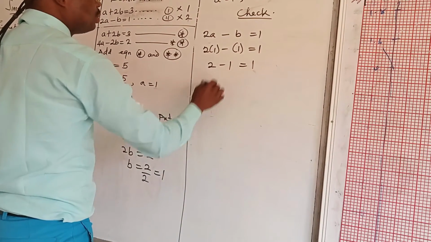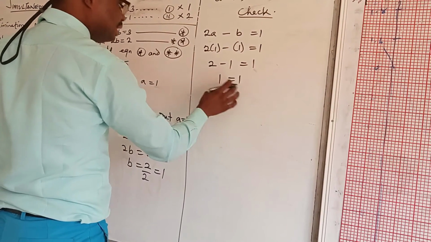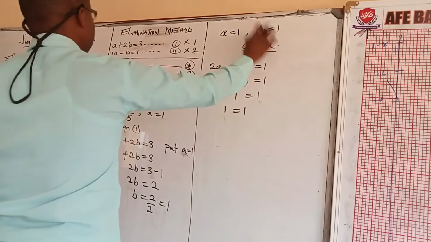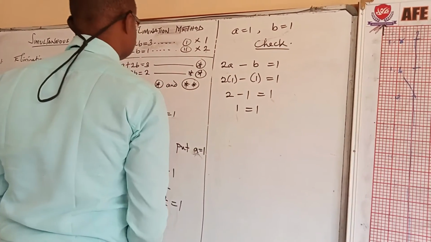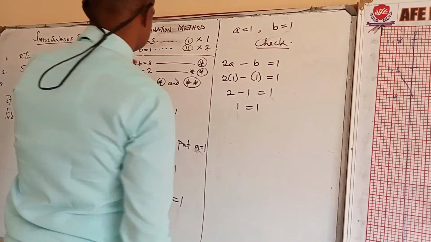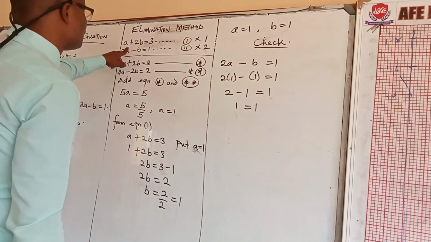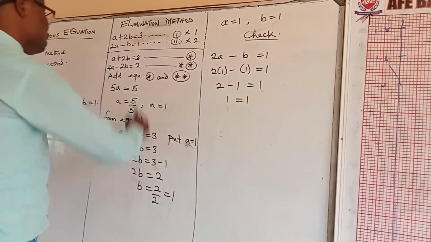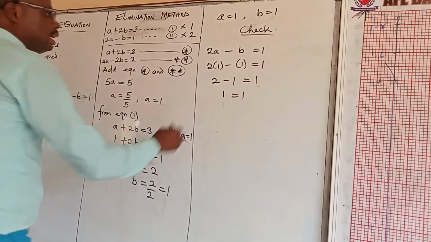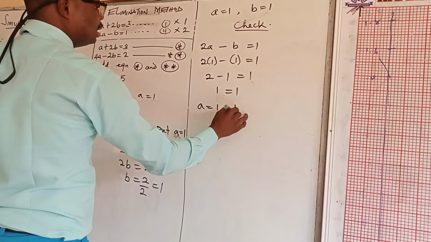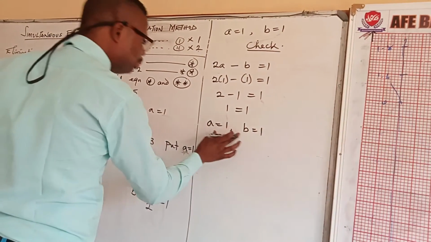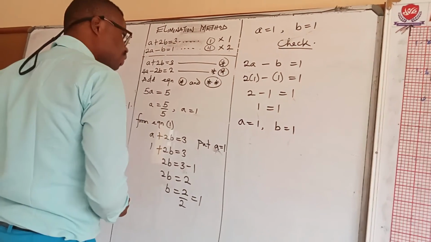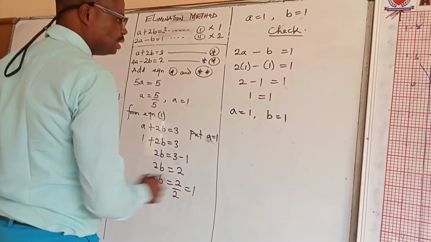So 1 is equal to 1. Therefore, it is consistent, and of course it is unique. If you try it for equation 1, substituting the values of A and B gives us 3. So both values of A and B make the equations consistent and unique.